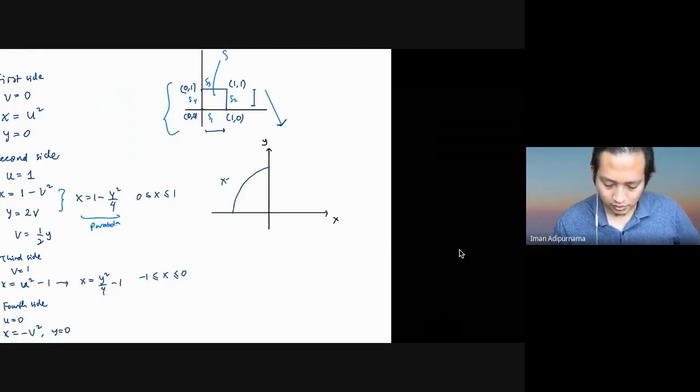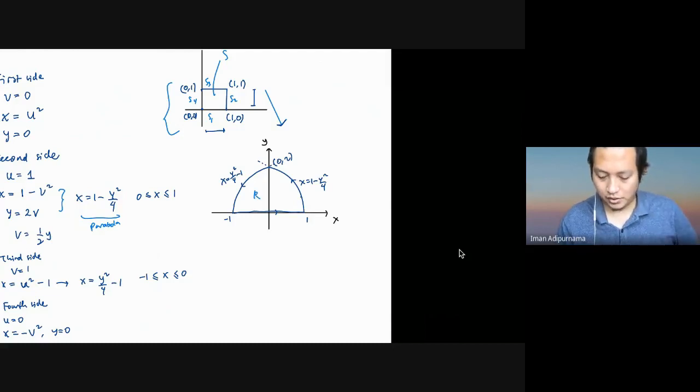So this will be x, and this will be 1 minus y squared over 4. This should be just a line from -1 to 1. This is 0, 2. And this will be our region R. So this is a transformation from there.